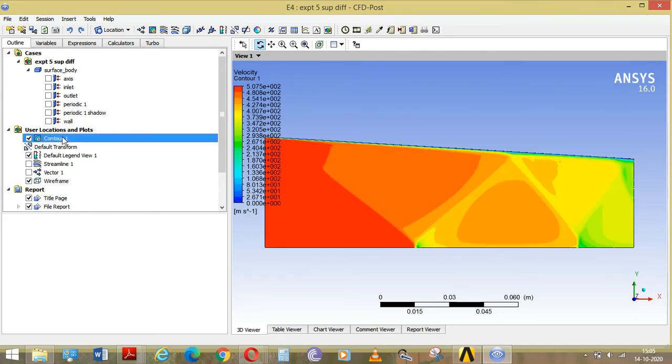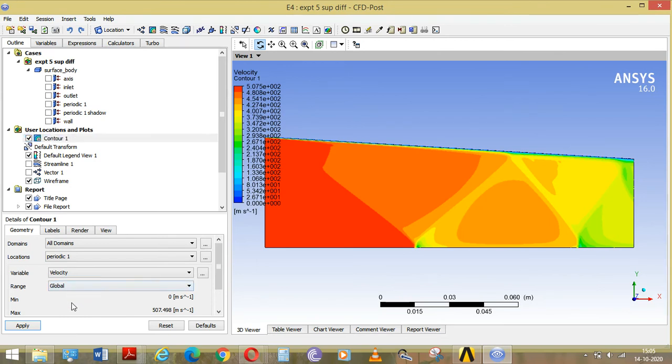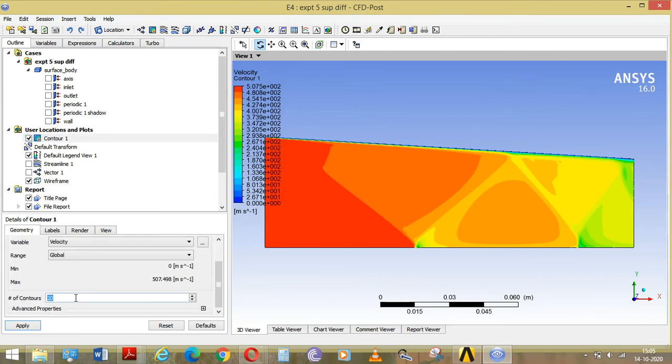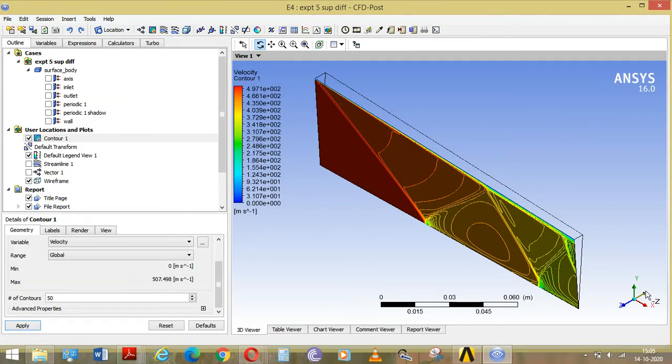Switch off streamline. Increase number to 50. Okay, you can see the pressure contour. You can see how the shock wave looks.